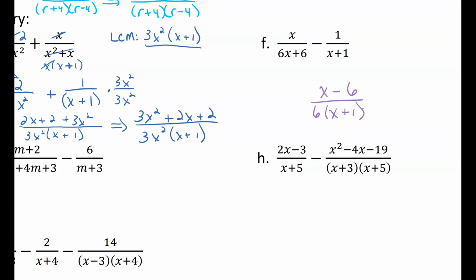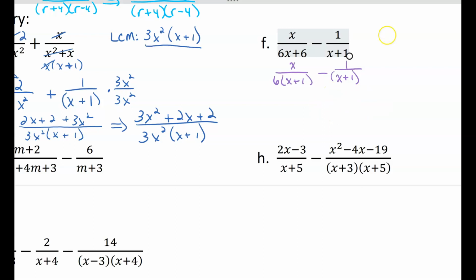Again, start by factoring first. What can we factor out of the first term? 6. The 6 comes out. Yeah, so if we factor 6 out, we get 6 here, x plus 1 minus 1 times x plus 1. Which means, what's our least common denominator now? 6 times x plus 1.